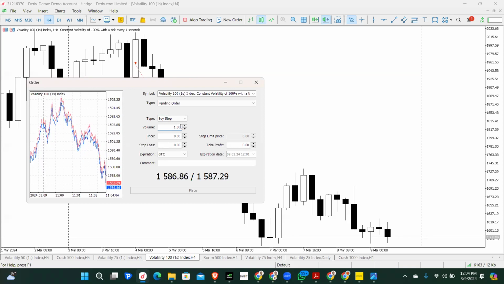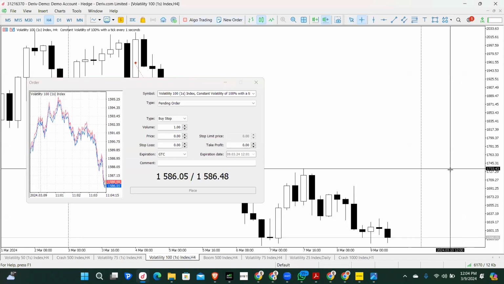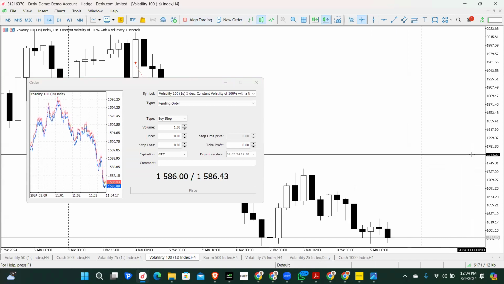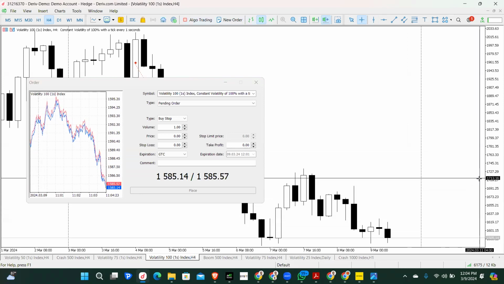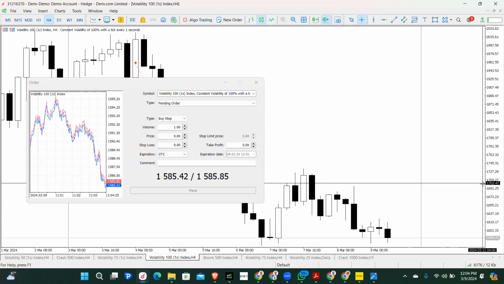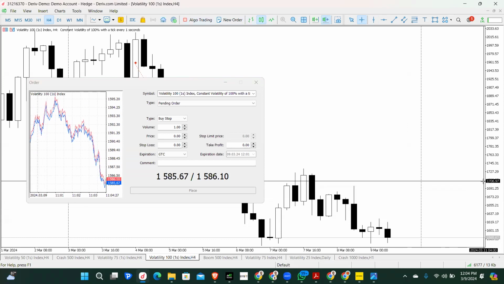We will come to this lot and volume when we treat lot size. So at what price do I want to buy? This price is above the current. This is the current price, I want to buy above. So that means I'll be buying at a higher price.